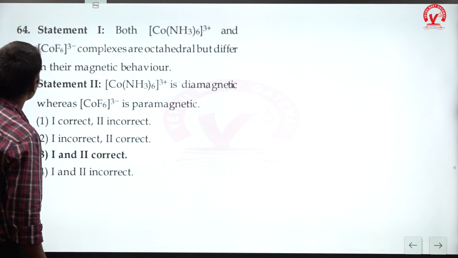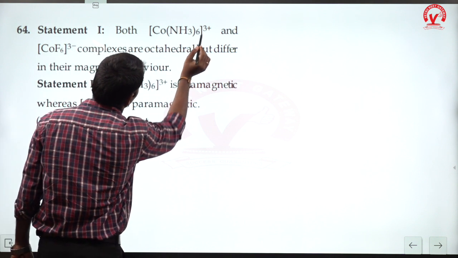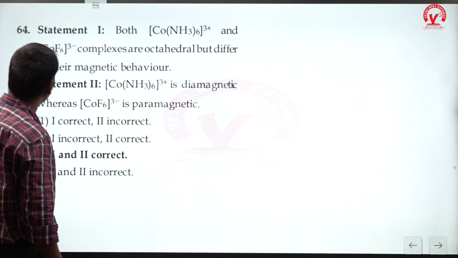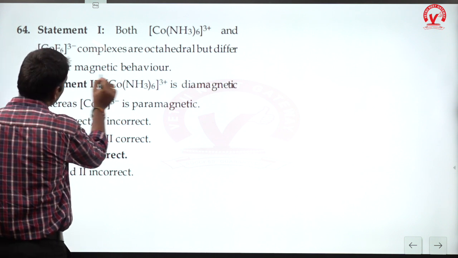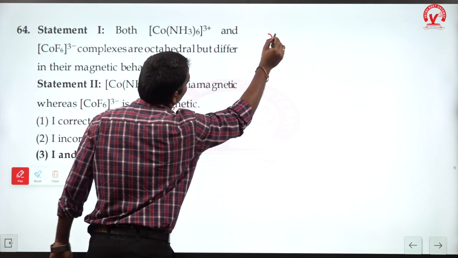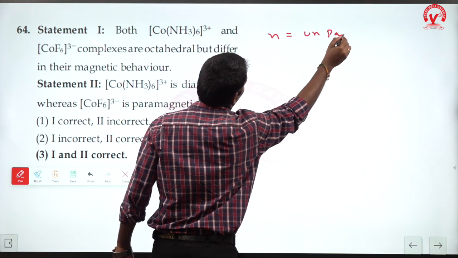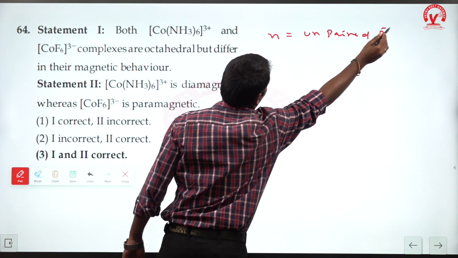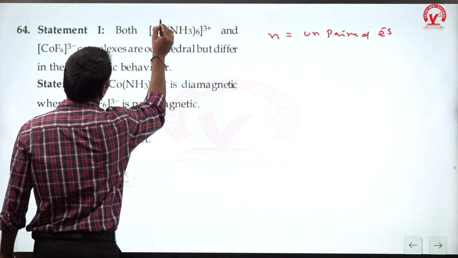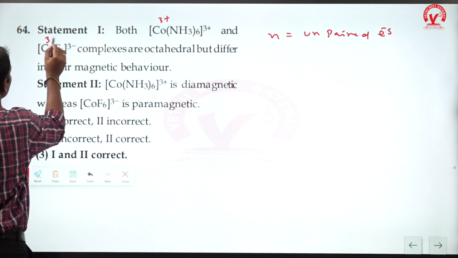Then 64, statement type questions. Statement 1: both Co(NH3)6 3+ and CoF6 3- complexes are octahedral but differ in their magnetic behavior. Magnetic behavior depends on the n value, the number of unpaired electrons. Cobalt is in plus 3 oxidation state in both.